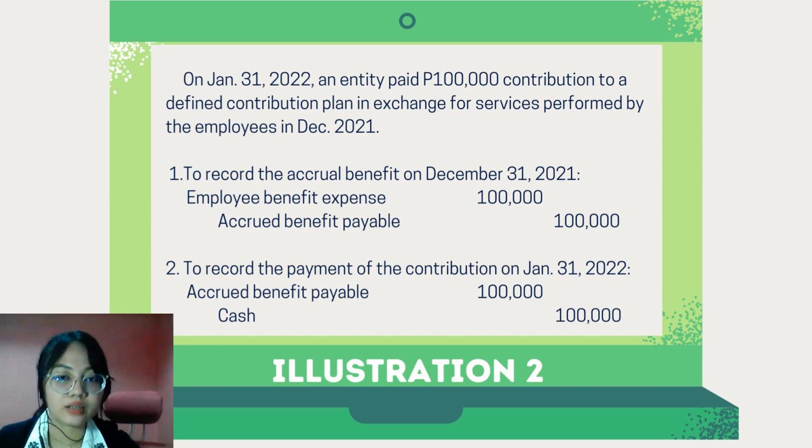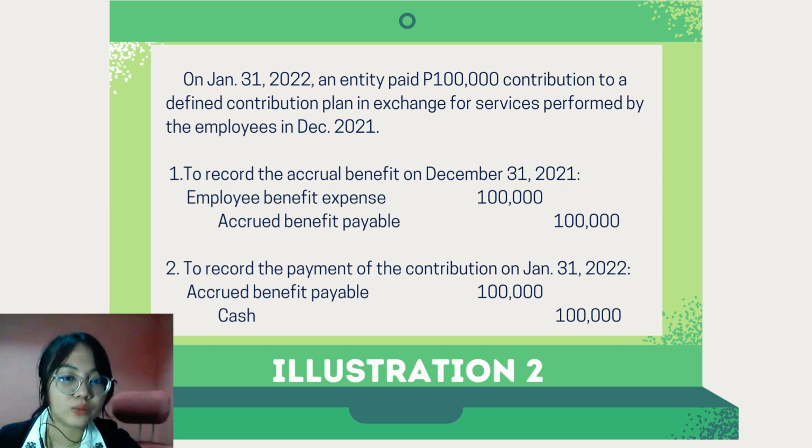So, unlike sa illustration na nauna, na kinredit agad natin siya sa cash, kasi dito, sa illustration natin ngayon, nauna yung services niya last year pa. Pero yung contribution ay 2022, January 31.